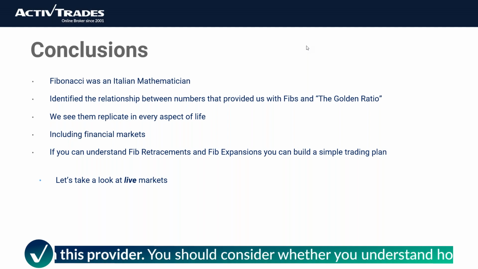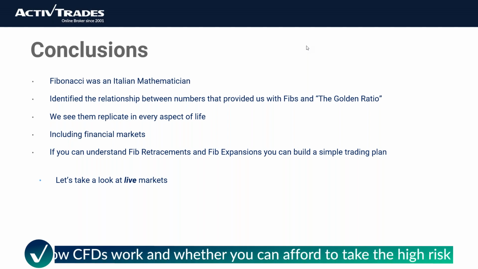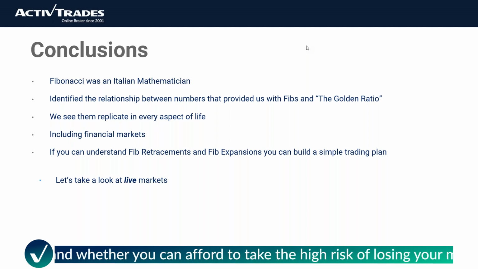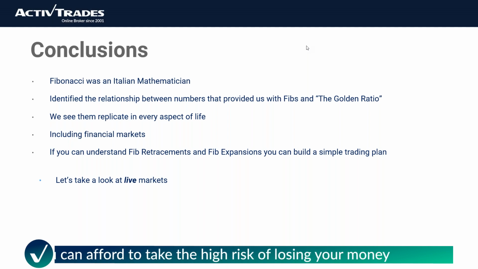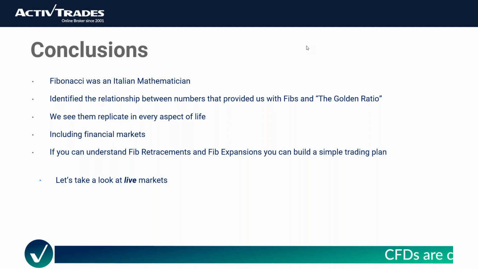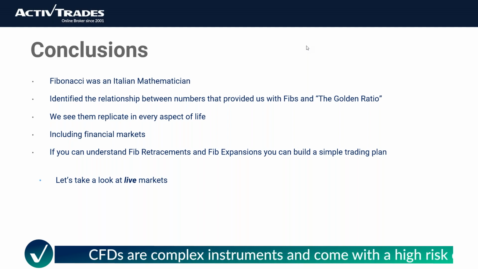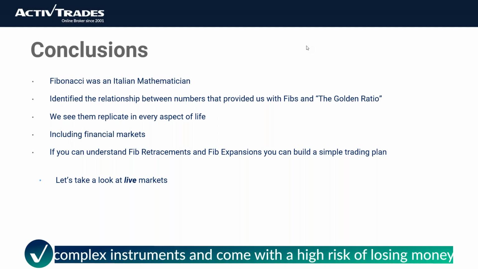So before we switch across to the live charts, just a couple of concluding points. Fibonacci was an Italian mathematician, clearly a very clever chap, and he identified the relationship between numbers that provide us with Fibonacci numbers and the golden ratio. And we see those Fibonacci ratios and that golden ratio replicate themselves in every aspect of life, even down to the symmetry in people's faces, and the distance between your nose and your mouth and your eyes, etc. You can read into that.